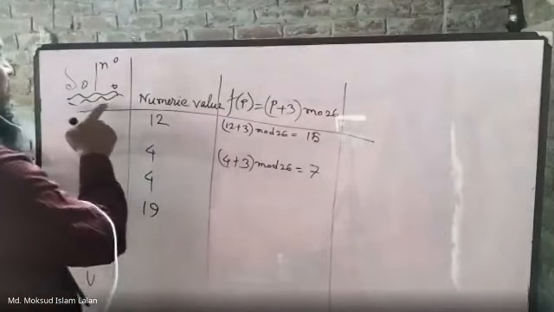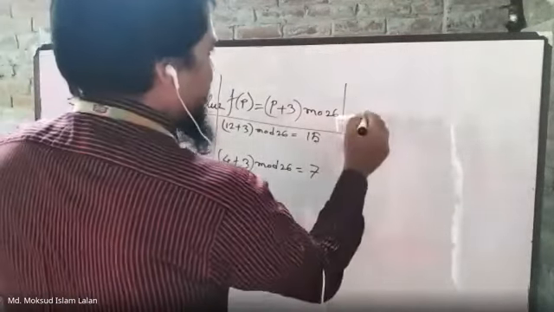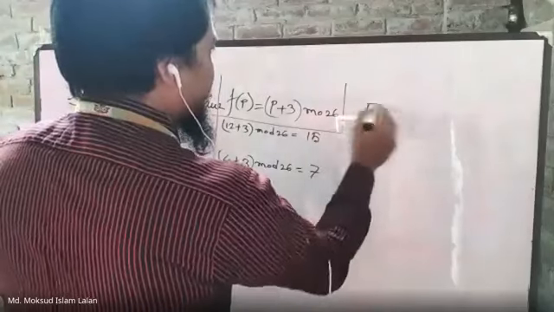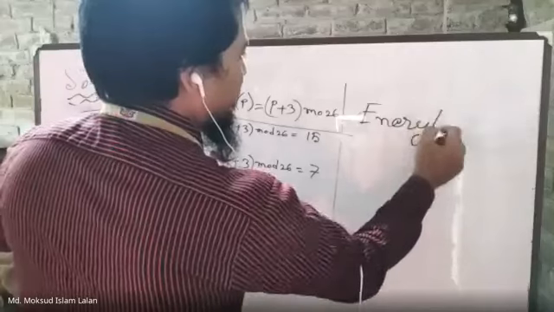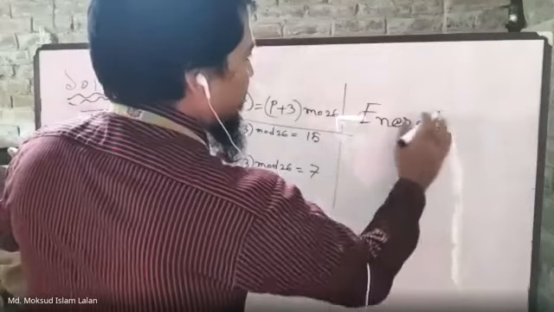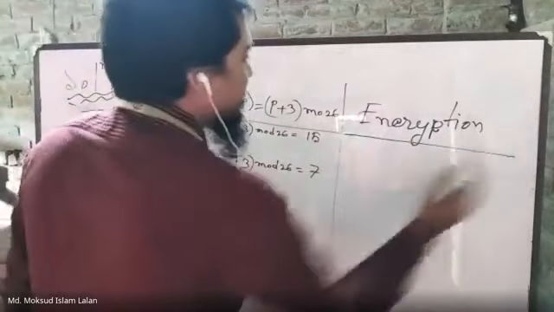Original message, original letter and your encrypted message. The encrypted letter for 15 is P. Are you sure? Yes, sir.